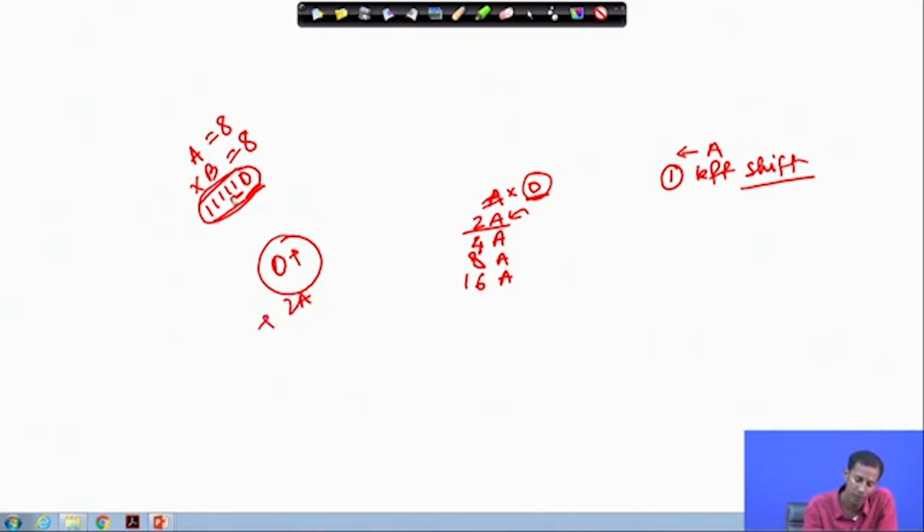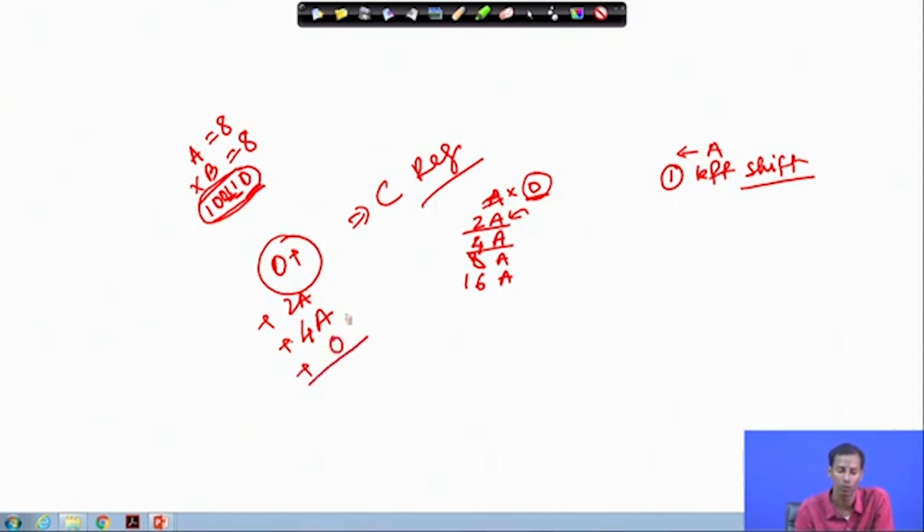Then in the next step, this 0 plus 2A is already saved in the C register from the previous step. If this bit is 1, it will be shifted by 2 bits left shift, so I have to add 4A. If this bit is 0, then it will be added with 0.